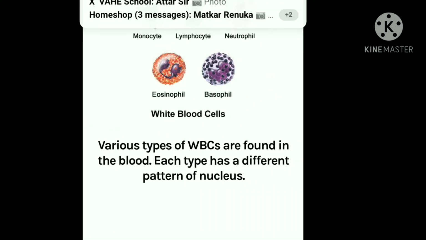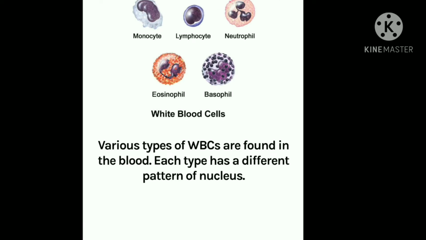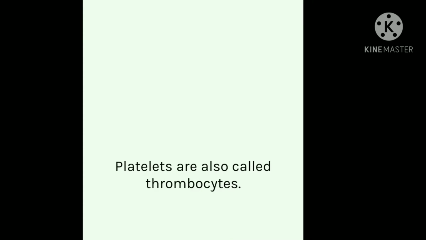Various types of WBCs are found in the blood. Each type has a different pattern of nucleus. Here somewhere only one nucleus, in some many nuclei, in some two nuclei. So there is a different pattern of the nucleus.